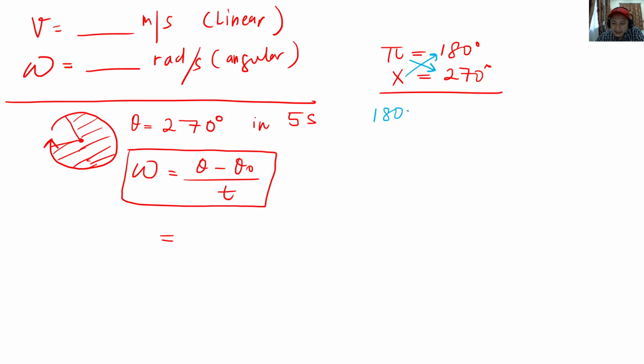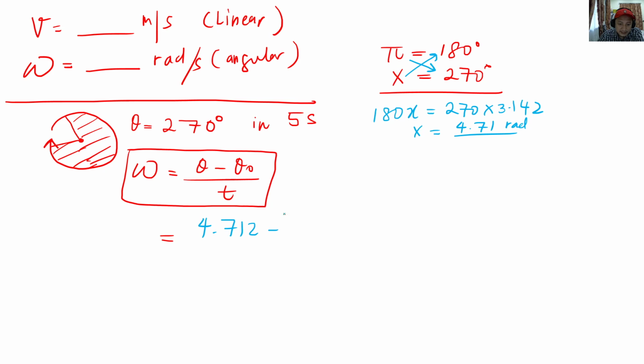You get 180x equals 270 times 3.142. X is equal to 4.71 radian. So you get 4.71.